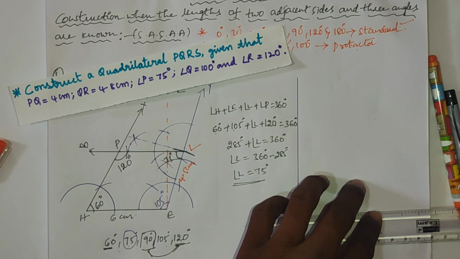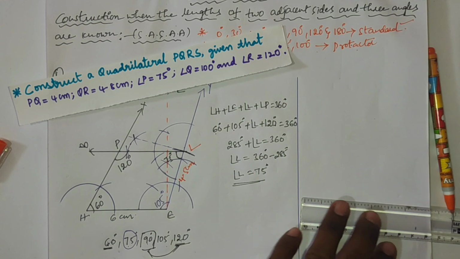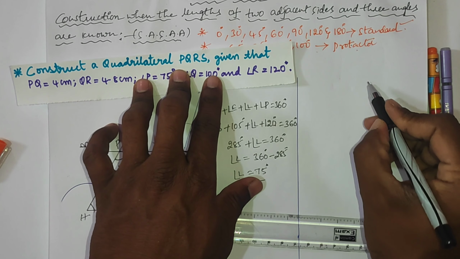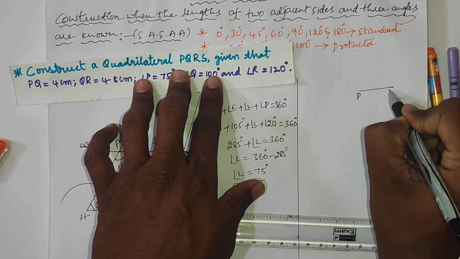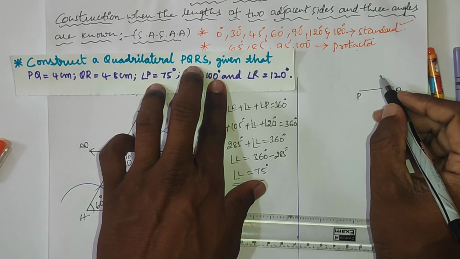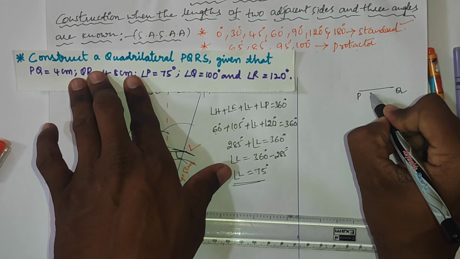First we'll draw the rough sketch here. PQRS. PQ, how much is there here? 4 centimeters.